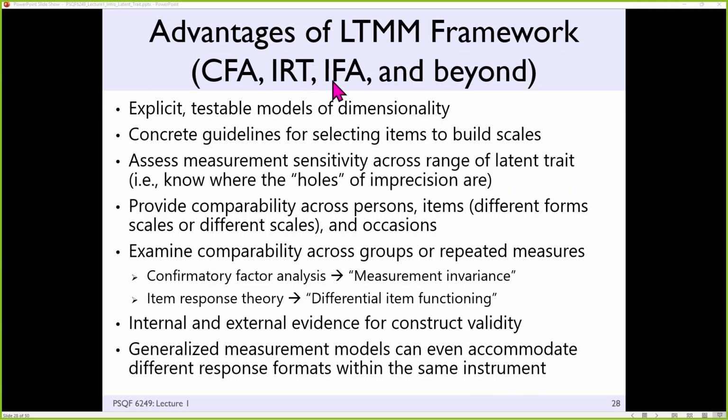This also, in the context of IRT and IFA, helps you figure out where you might need more items. So when you have your reliability function, if it peters out at one end, you know that you need items on that end. Or if you don't care about that end, maybe you don't need more items. So as a quick example, Vladimir and I last summer worked on a project designed to look at risk for recidivism in people who had DUI or other types of drug or alcohol problems.